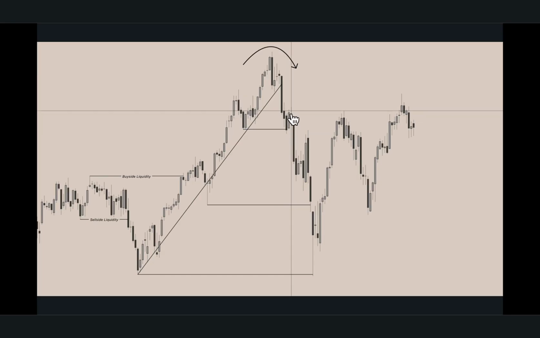What does this up move do? It induces traders to buy, right? Because they think price is going to continue higher from here. And so they build up even more sell side liquidity for the next run lower. So here you can see there's liquidity resting over here as well.